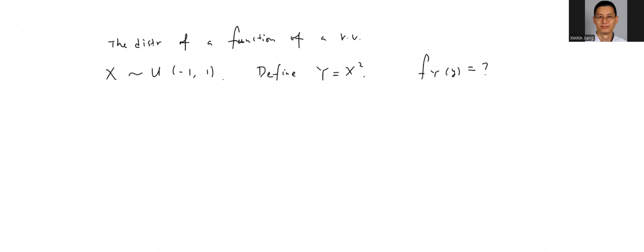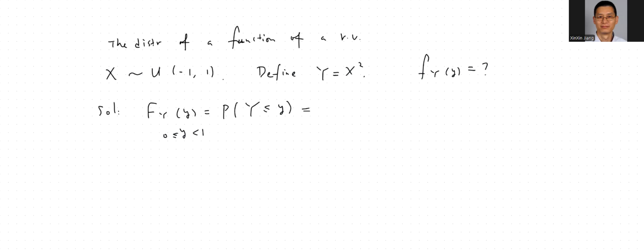Okay, so we start with the CDF of Y, which is defined as the probability that capital Y is less than or equal to y. Obviously, y here has to be greater than or equal to 0 and less than 1. y equals 0 has probability 0, so it doesn't really matter much; we're going to get rid of 0 later on.